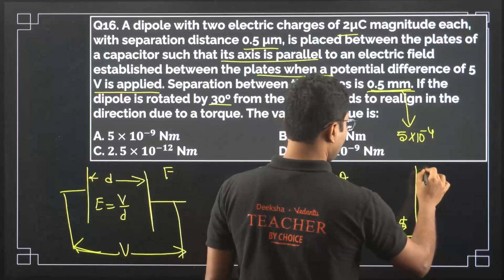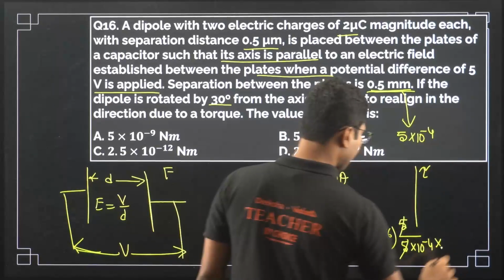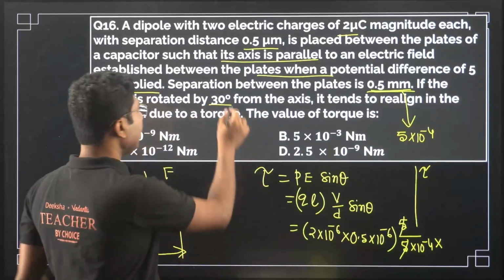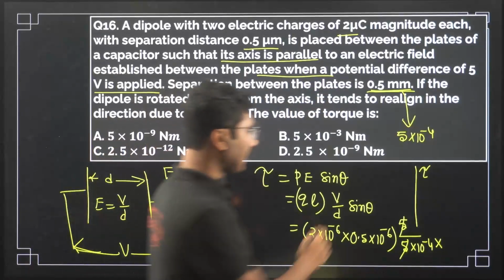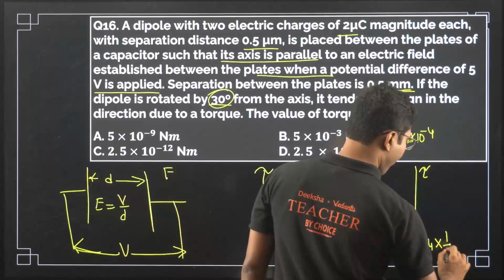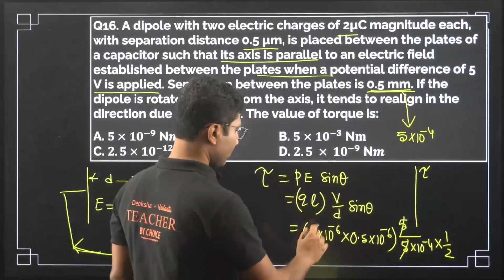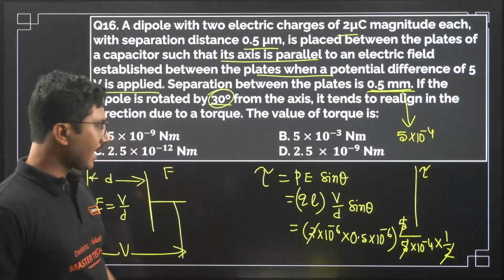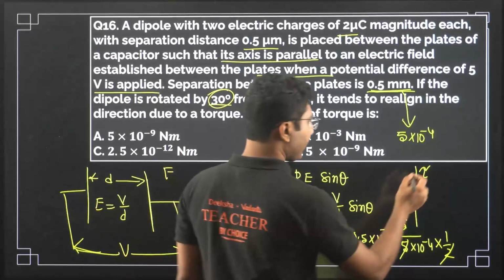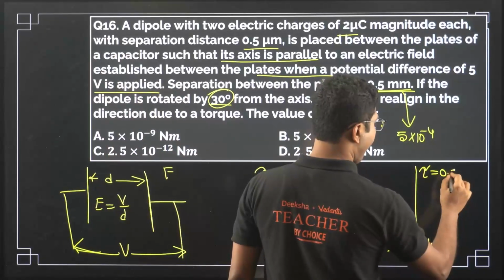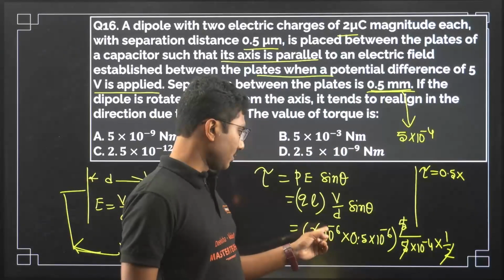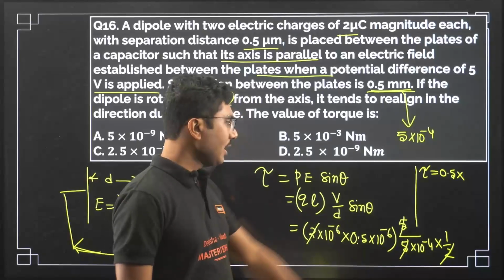1 torque, and also we have one more thing. We have sine theta, sine 30. Sine 30 means sine theta is half. So that is also there. So these two cancel. So what we have? We have 0.5 into 10 to the power of minus 12, minus 6, minus 12 plus 4.